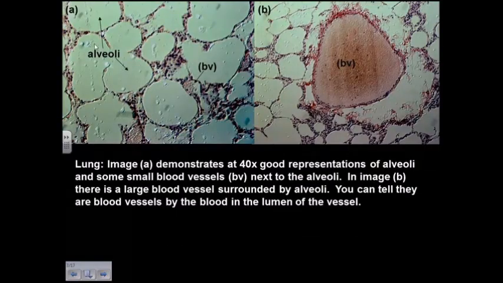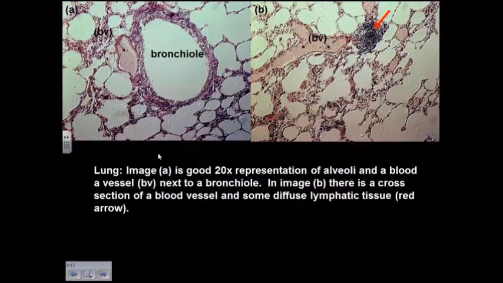Some more nice, healthy alveoli on both sides. Nice blood vessel. Okay, here is probably a capillary, and again some nice alveoli. Mucosa-associated lymphatic tissue, a MALT.